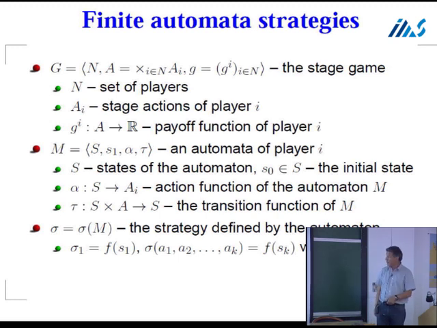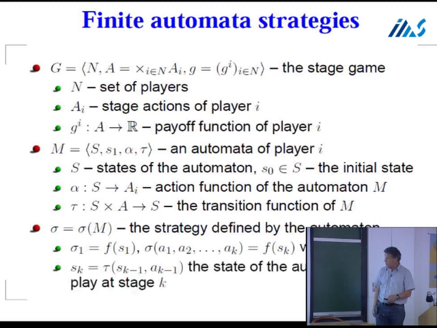So it takes the action alpha of SK, where the new state SK, I have to define as a function of the previous ones. And SK is simply the transition function of the previous state together with the last action tuple that was observed. Is it clear what is the strategy that is defined by a finite automaton?